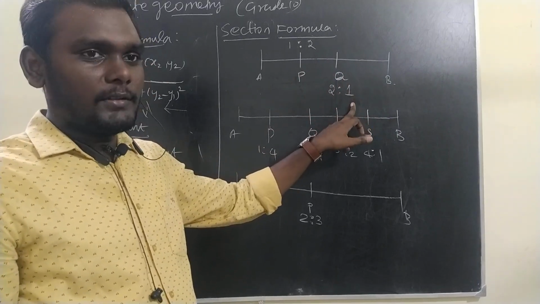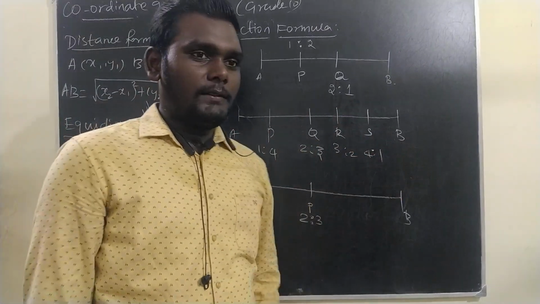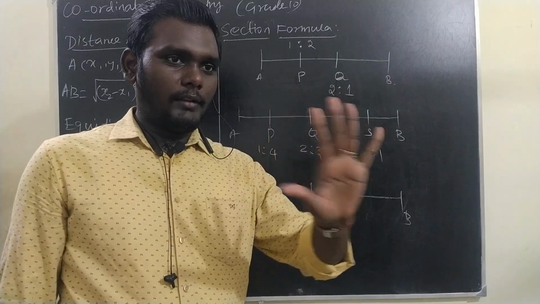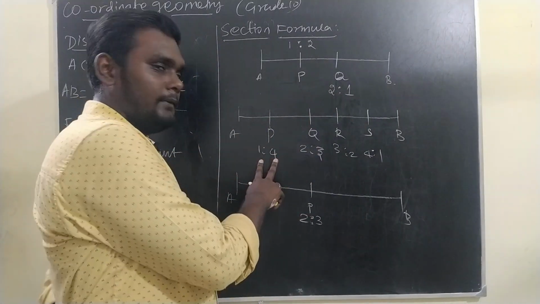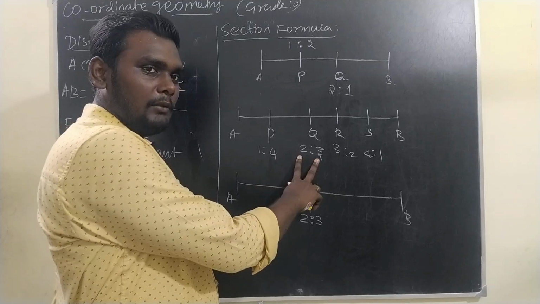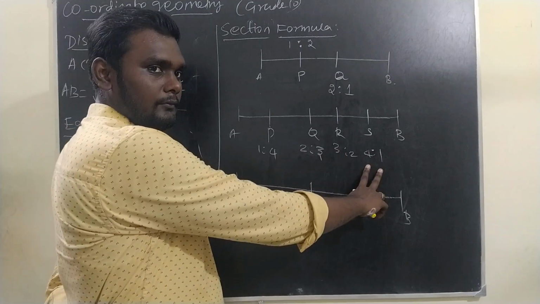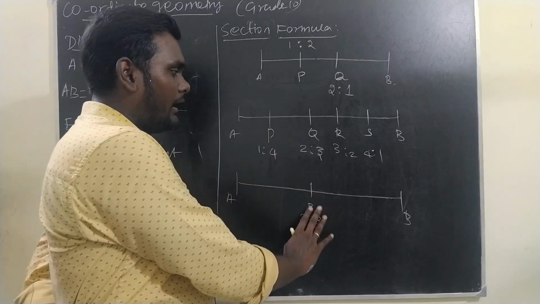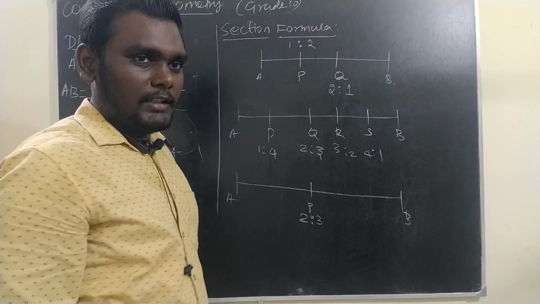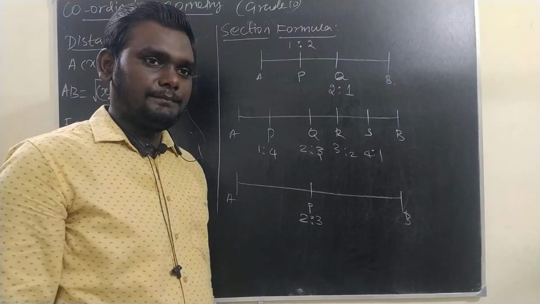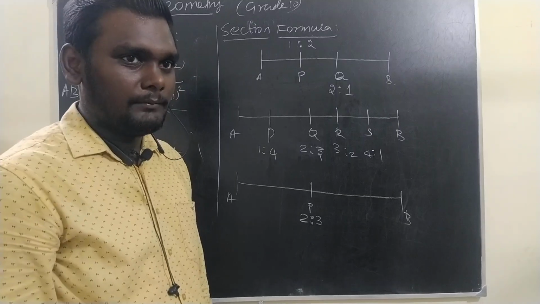So 2 plus 1, how much? 3. Here, how many equal parts? 5. Okay. Here, only one point I marked in this diagram. Then how many equal parts are we having? That is the concept.